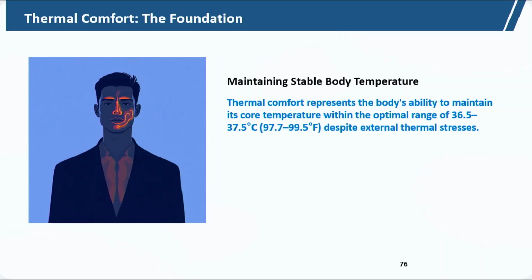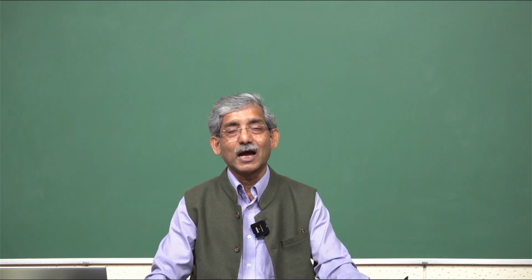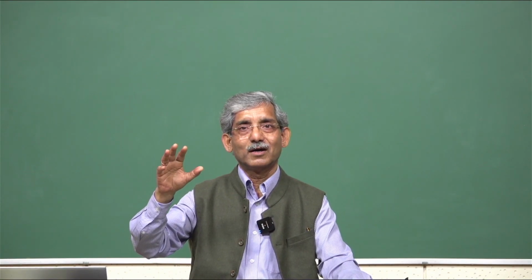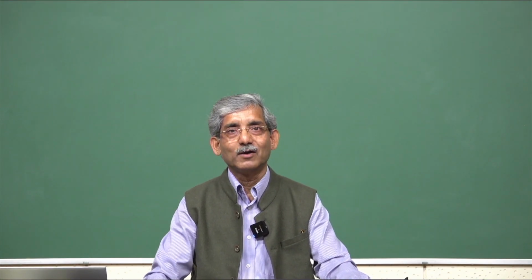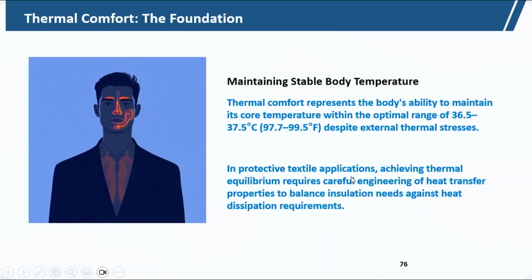If the body gets overheated, there will be a problem, hyperthermia. If the body gets cooled, then hypothermia will occur. So in protective textile applications, achieving thermal equilibrium is very important.